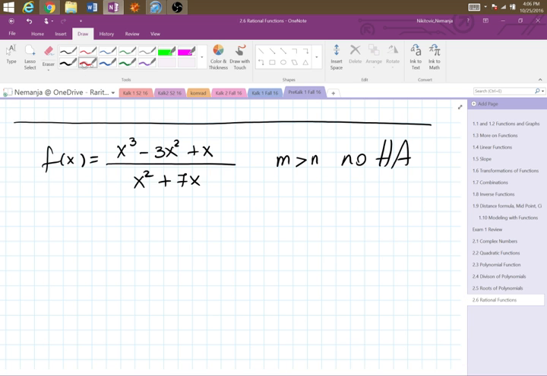And I'll put here, even if we cancel x, it's still going to stay top larger than the bottom, which means no horizontal asymptote.